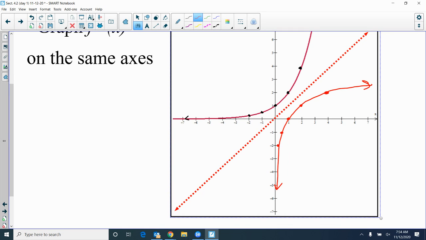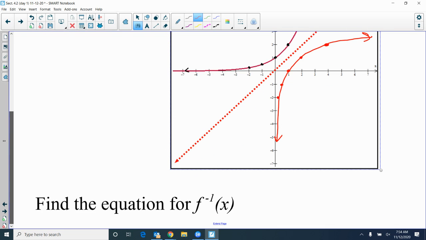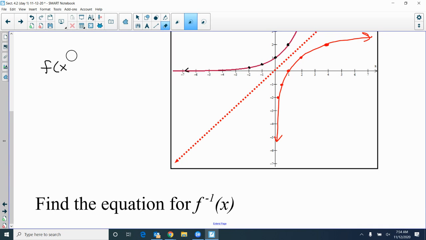We've got it graphed. We can see it. Now, let's find the equation for f inverse of x. Well, we know f of x equals 2 to the x power, right? And so remember what we do to find the inverse. We just let y replace f of x first of all.